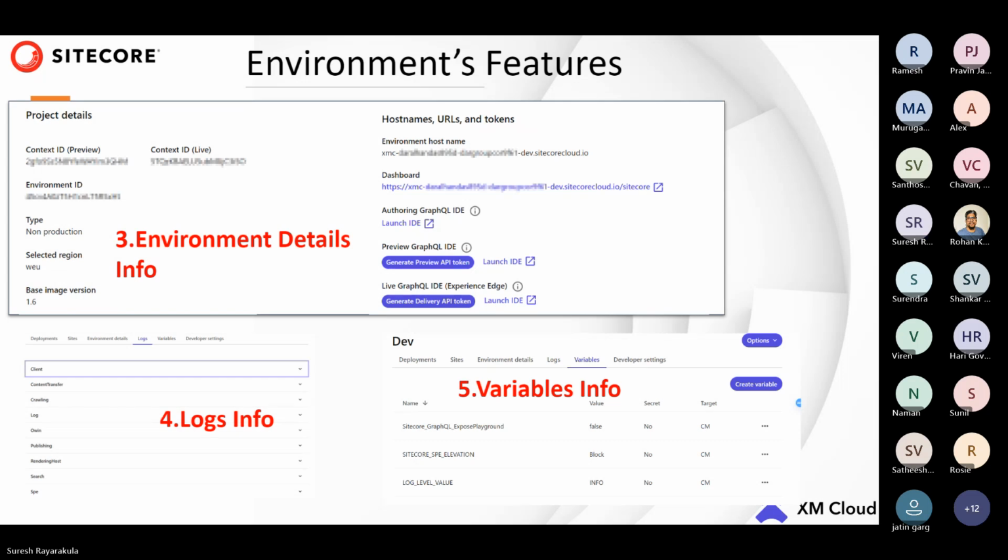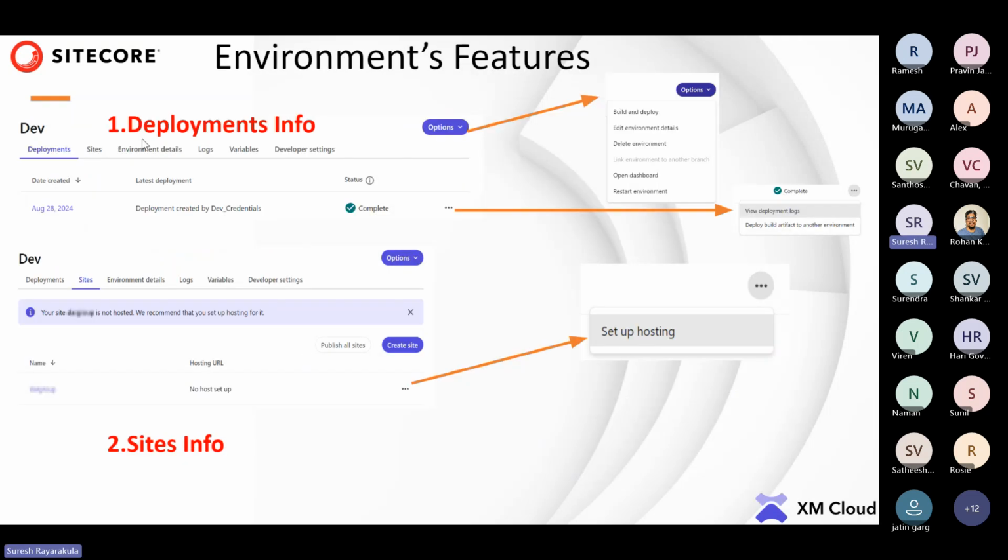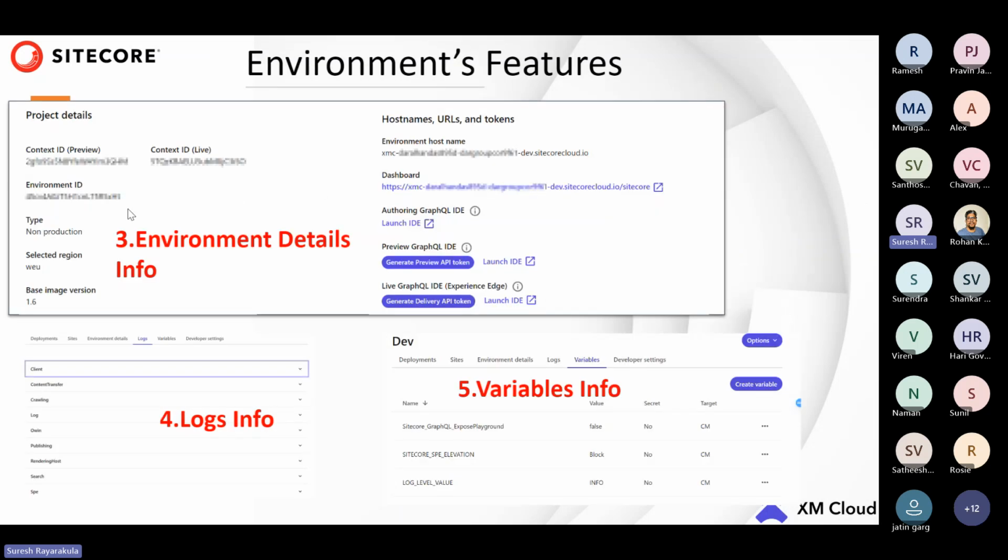In the previous slides, we had the environment details. Here we can see the context ID. Sitecore XM Cloud provides two different IDs, one for preview and one for live, and each environment contains both. If you want to connect in preview mode, you can use the preview context ID.